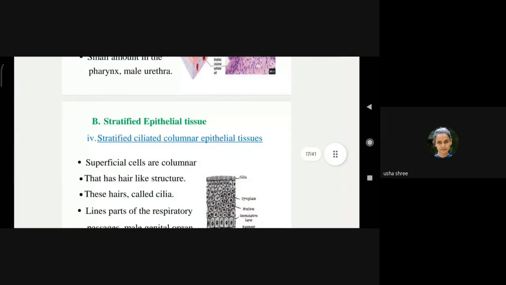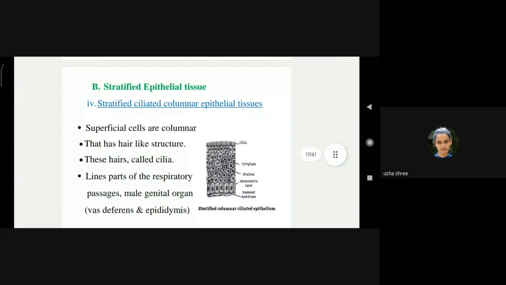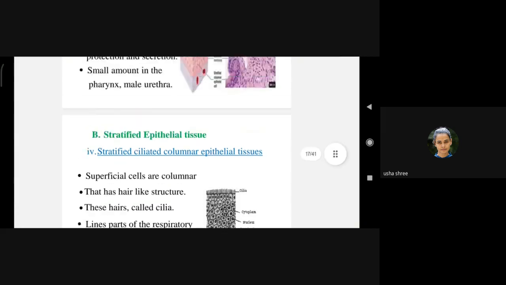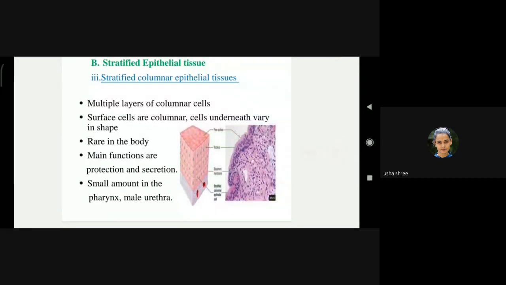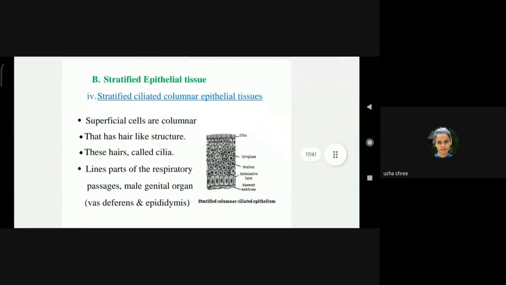Now next one is stratified ciliated columnar epithelium. Here, superficial cells are columnar. Just as we have seen in the last stratified columnar epithelial, the superficial or uppermost part is columnar. Here in the stratified ciliated columnar epithelial tissue too, superficial cells are columnar and have hair-like structures.